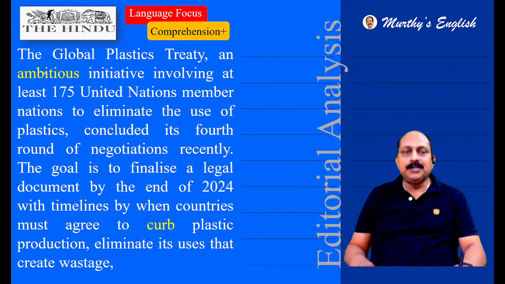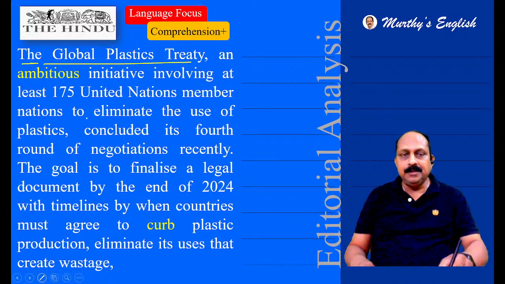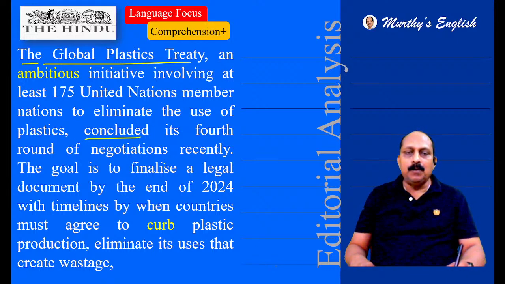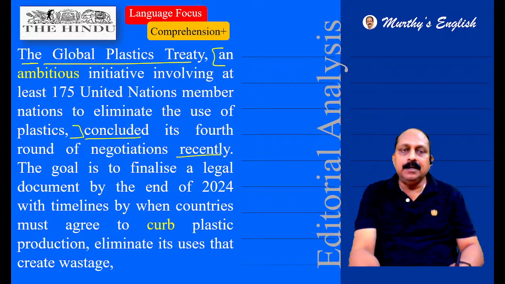The Global Plastics Treaty, the main thing, an ambitious initiative involving at least 175 United Nations member nations to eliminate the use of plastics, concluded its fourth round of negotiations recently. From here to here, additional information. What is the subject here?